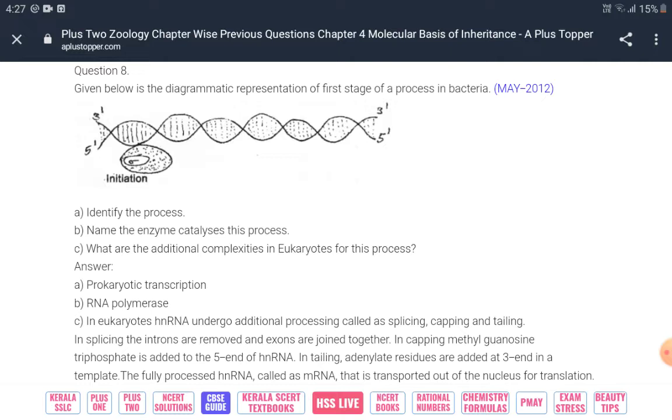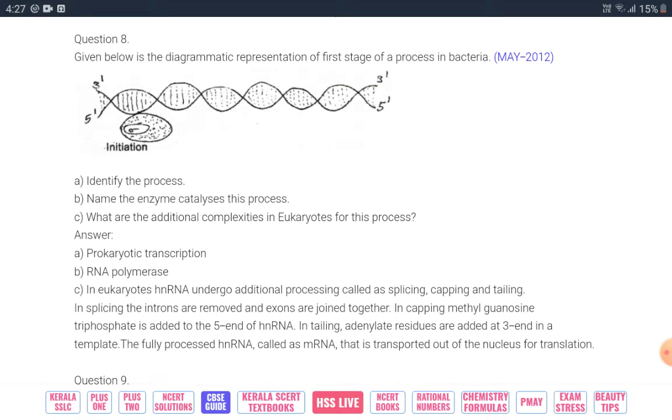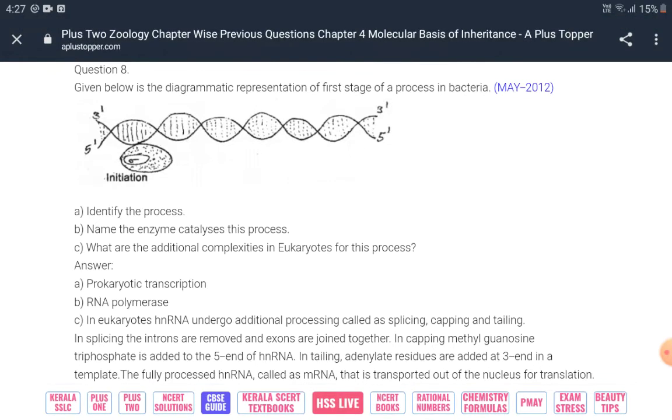In tailing, it is added to the three prime end of the template. The fully processed hnRNA is called mRNA, that is transported out of the nucleus for translation.